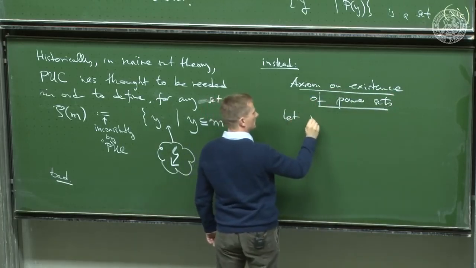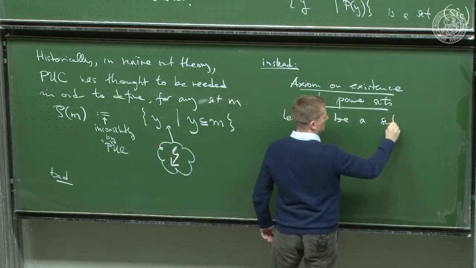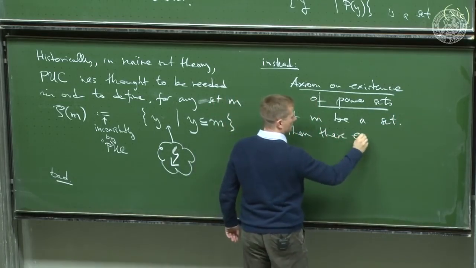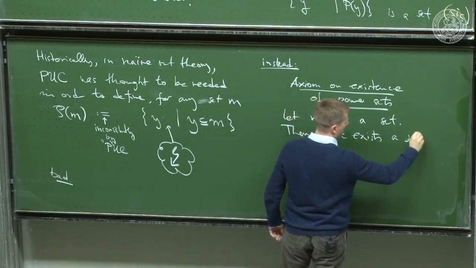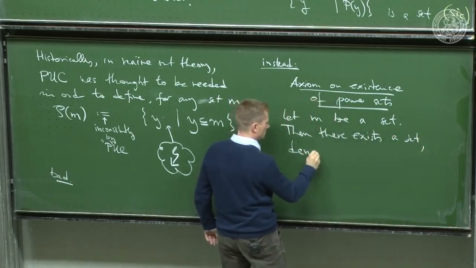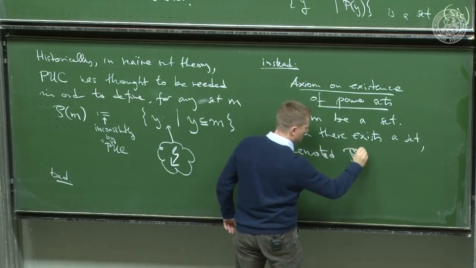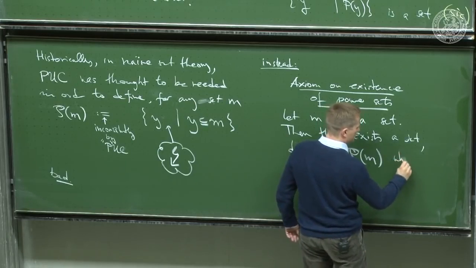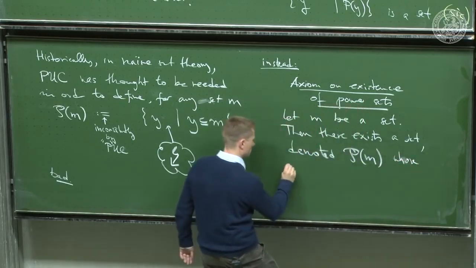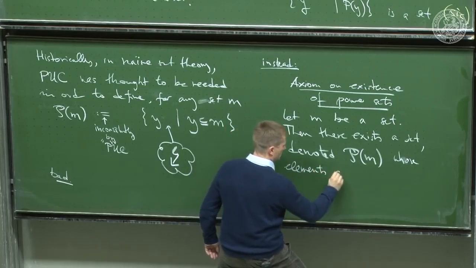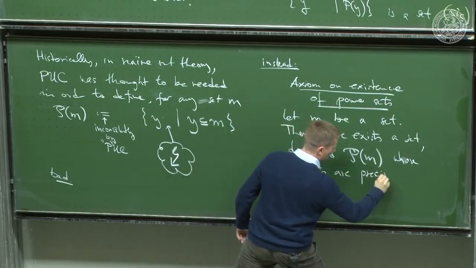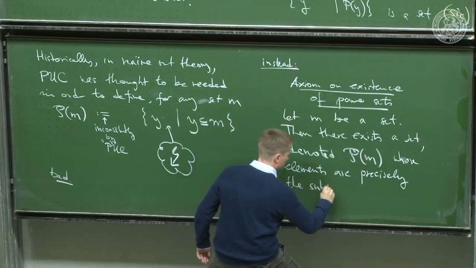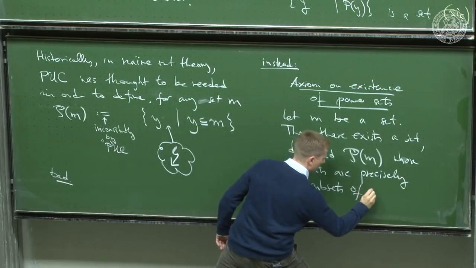Let M be a set, then there exists a set denoted curly P of M, whose elements are precisely the subsets of M.